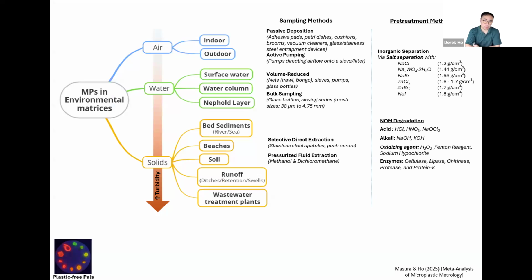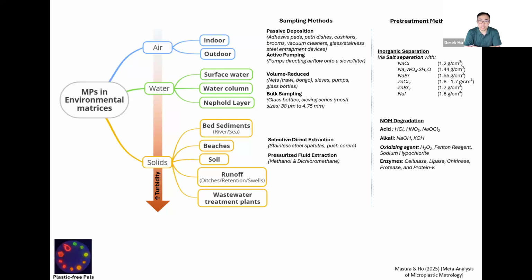So to break it down, for the sampling techniques, there are multiple different sampling techniques dependent on the different type of environmental matrices. We can find microplastics in the air, in the water, and in solids, with increasing amount of turbidity and presence of other natural organic matter.